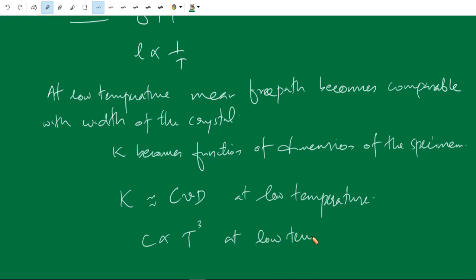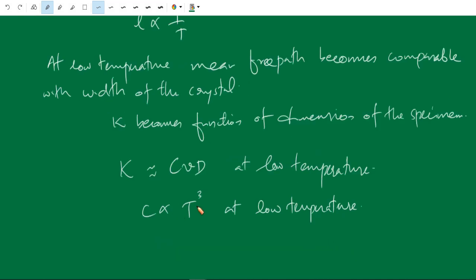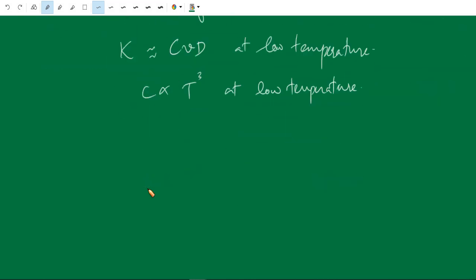So when temperature decreases, the heat capacity decreases as T cube. So at low temperature, the thermal conductivity decreases. The graph for thermal conductivity as a function of temperature is like this. This is the temperature in this axis, and here kappa in this axis.